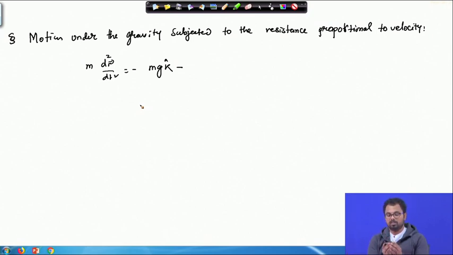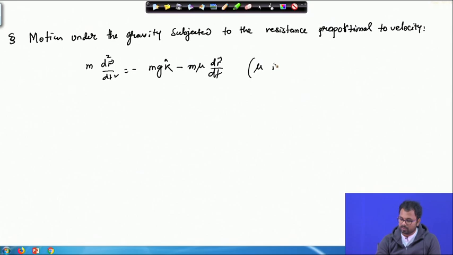So, it is a term that we have to subtract from the right hand side, and since it is proportional to velocity, we can write it as m times mu times dr dt. So, that is the velocity, m is the mass, and mu is some constant of proportionality.